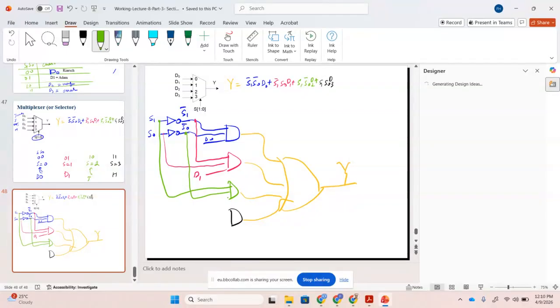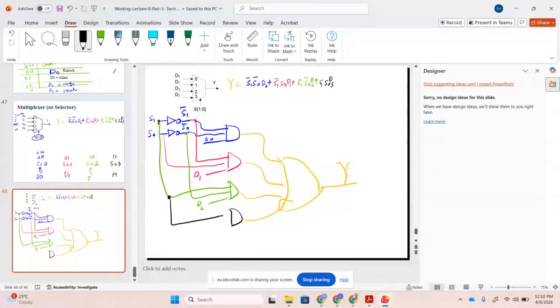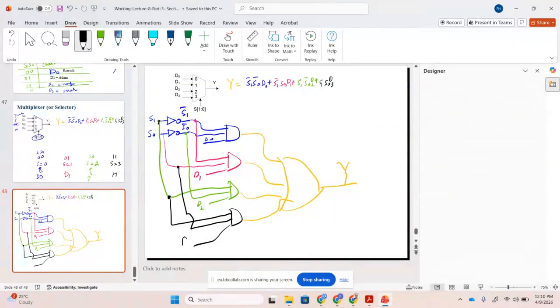And now we have D2 here. And the last one is the black one. This is S1, so you can take it from S1, and now we have S0, which is here. And now we have D3. This one. Any question?